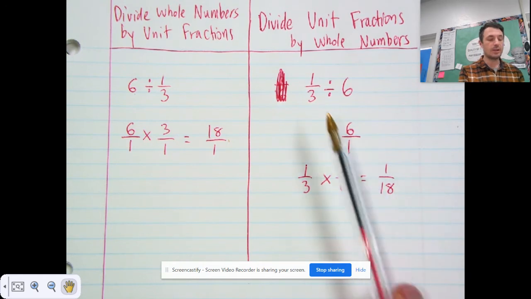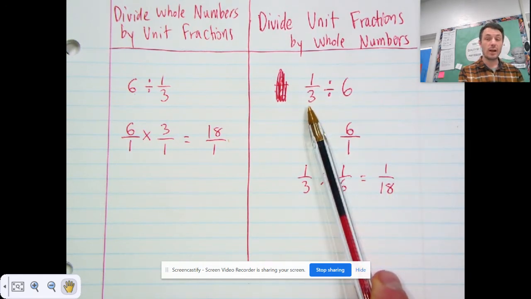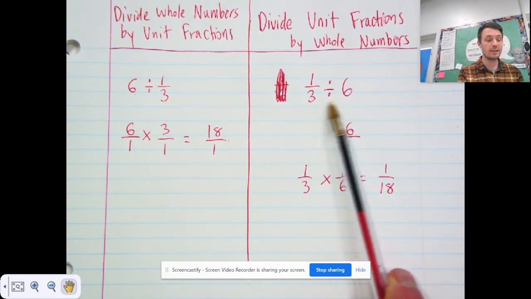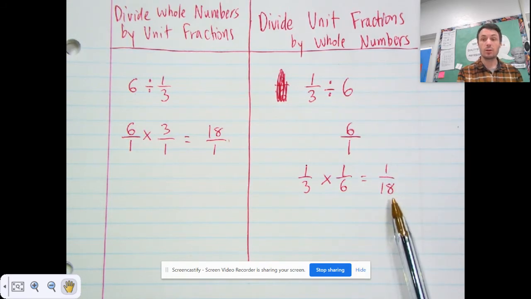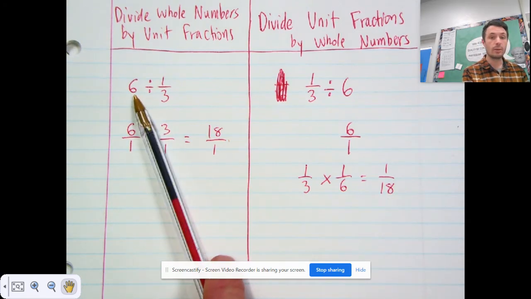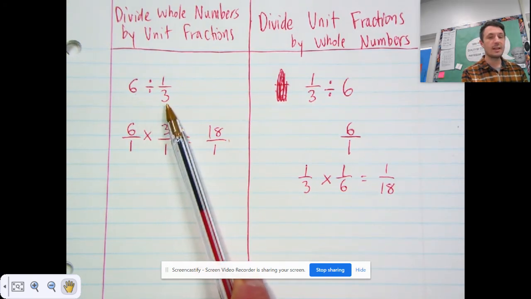And that makes sense because here we're separating a fraction which is already really small into 6 even parts. So it ends up being something even smaller, 1/18. Here we're taking a whole number and we're separating it into pieces that are smaller than 1.